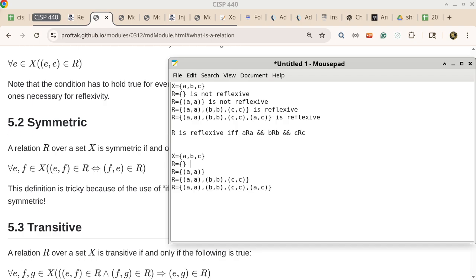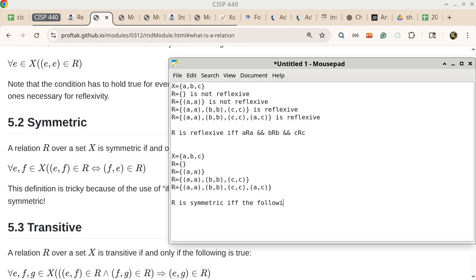In other words, Tech, can you give me something that looks like this so that we can evaluate, with respect to this particular definition of set X, whether something is symmetric or not? Well, I can do it, but it's going to be quite tedious. What you need to say is R is symmetric if and only if the following are all true.